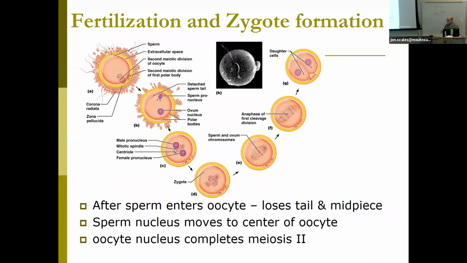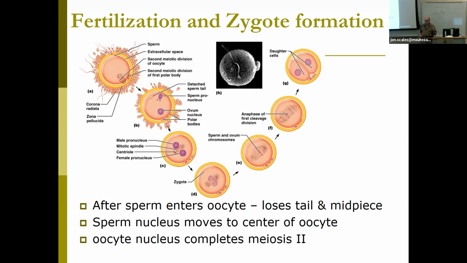So within a few minutes of sperm binding, the sperm's cellular membrane and the egg membrane fuse into just a continuous membrane. And so the nucleus of the sperm cell is now released inside the egg.